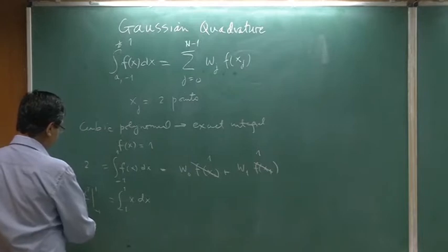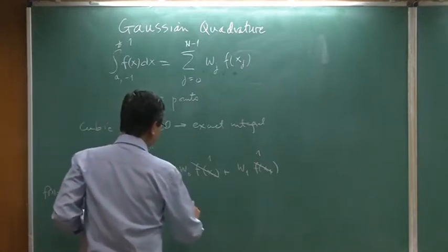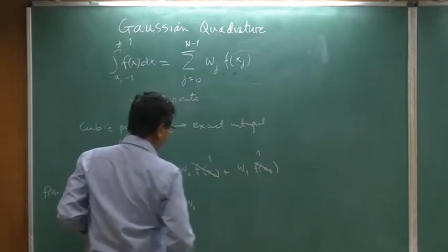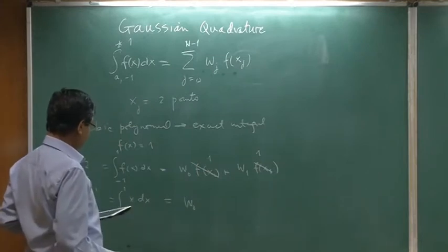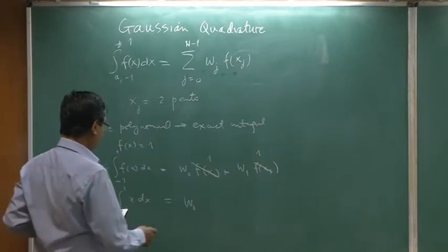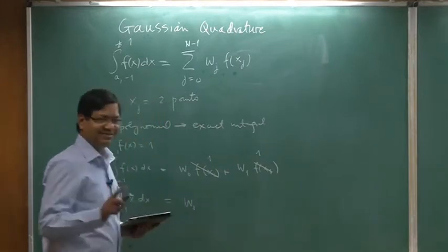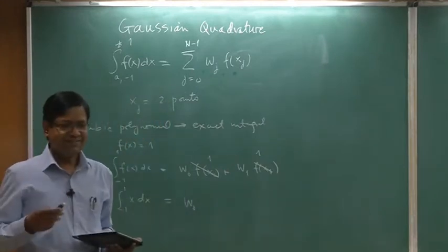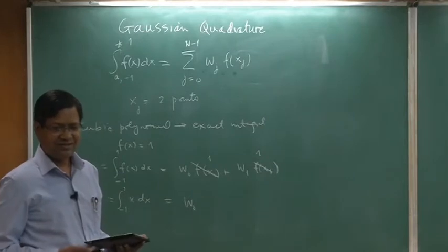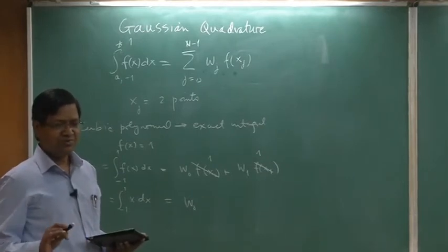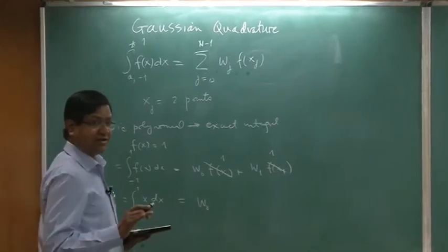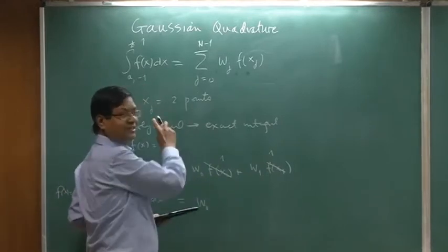So this is 0, and the right hand side will be w0 f(x0). By the way, the abscissas are not known to me, they are not the end points.